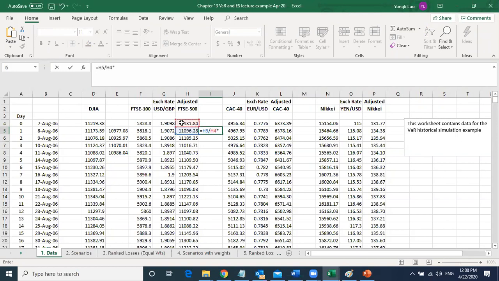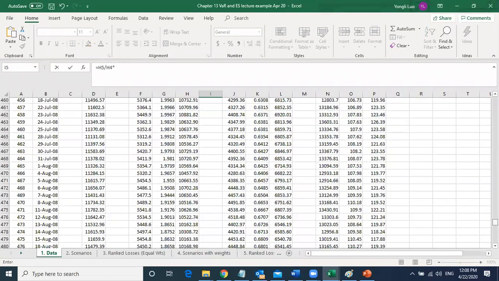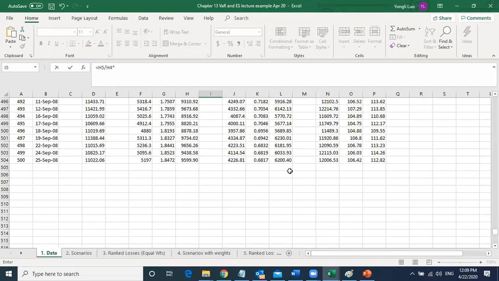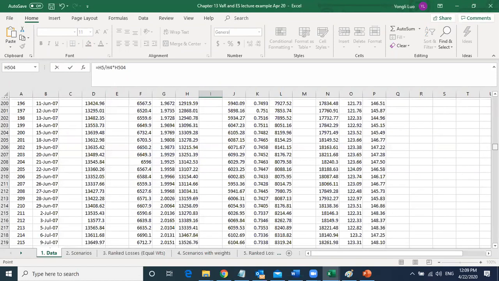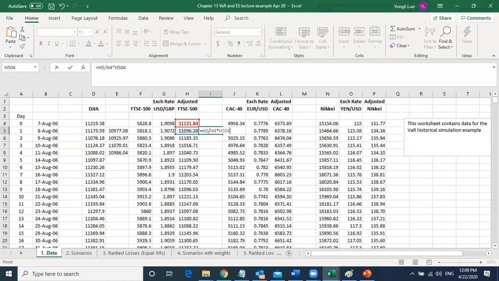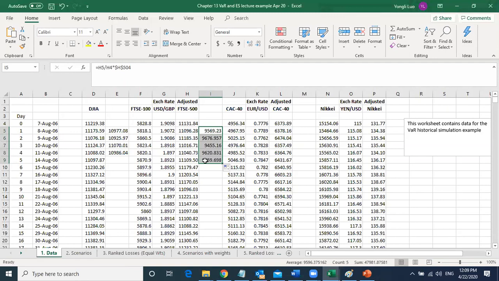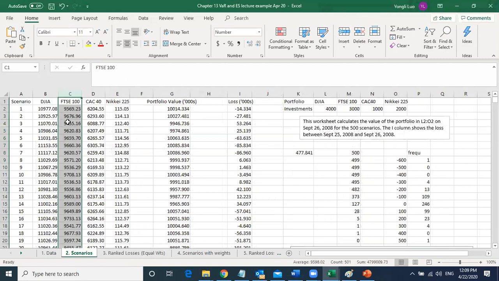And then you times H504 all the way down. Then you fix that: you press F4 and add a dollar sign, and you drag all the way down. You have the FTSE. That's how we got the data.